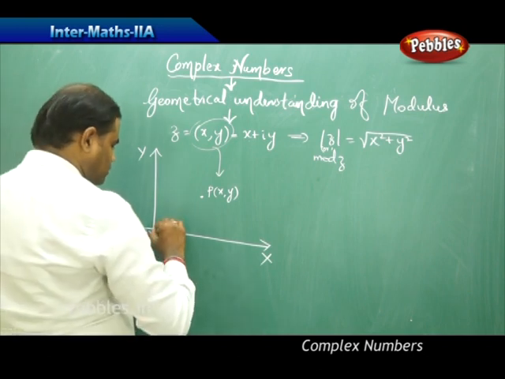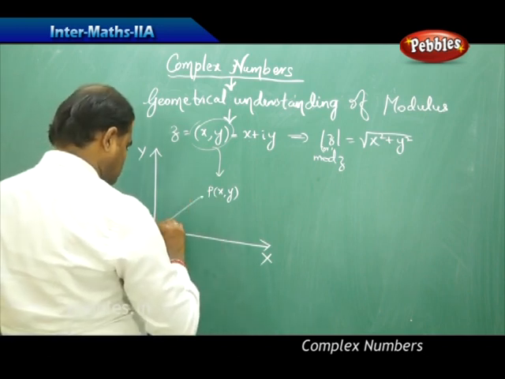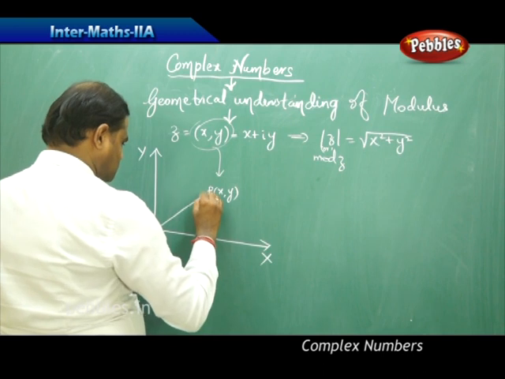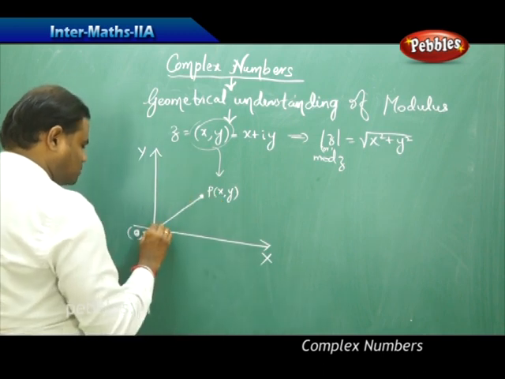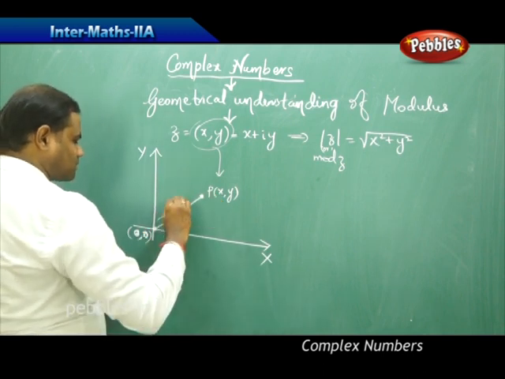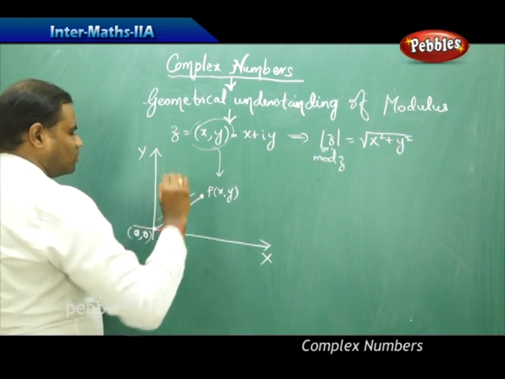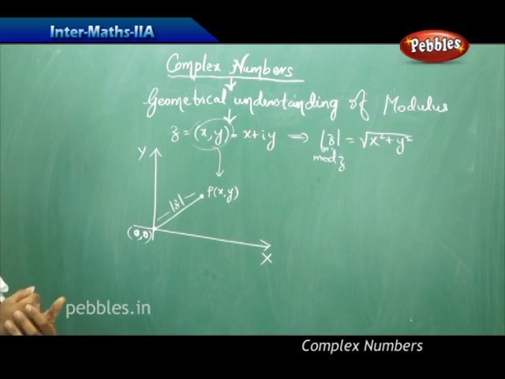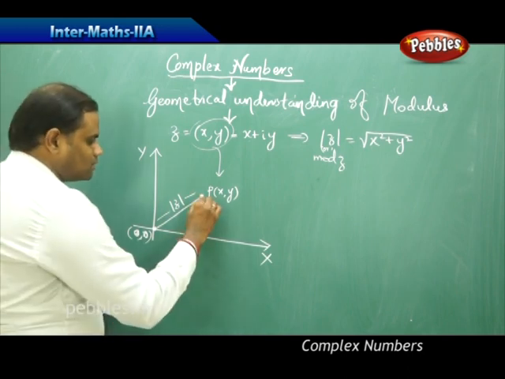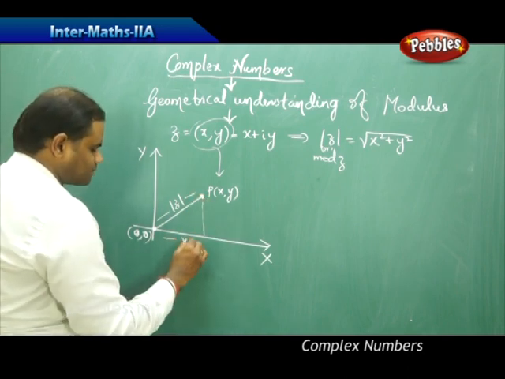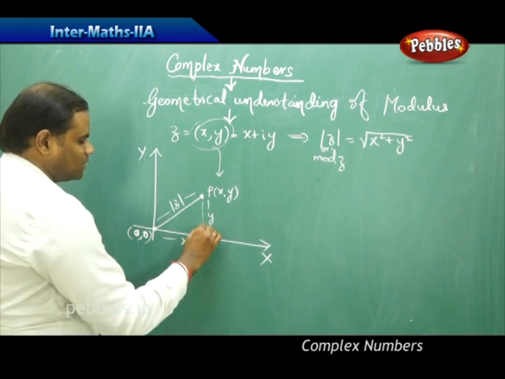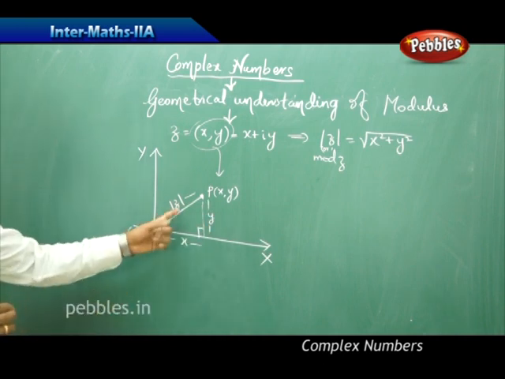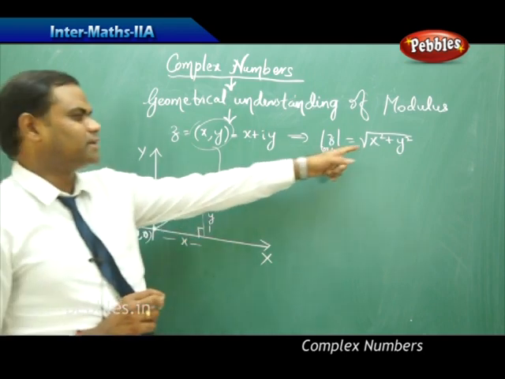That is, if I just join from here to here, this distance is called mod z. That is, the distance from here will be root of x square plus y square. And the reason is this unit, this will be x and this will be y. Using the Pythagoras theorem, I get mod z as root of x square plus y square, which is this.